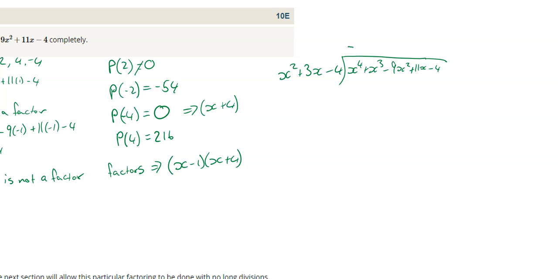Okay, yeah, x squared. Plus 3x cubed. There's going to be something that we'll look at possibly tomorrow. That's another way of doing these. Minus 4x squared.